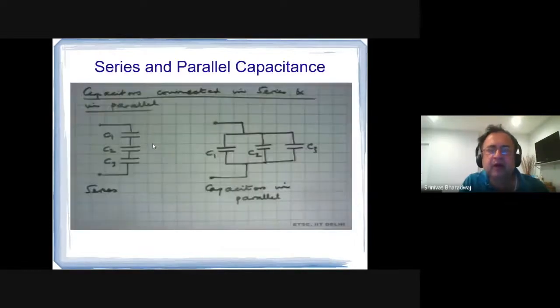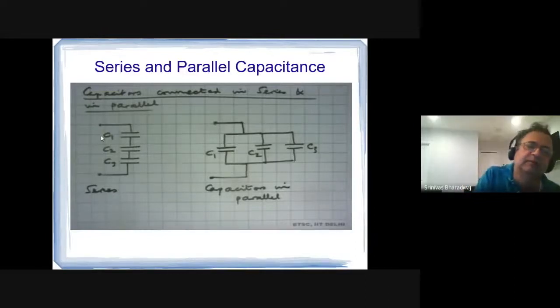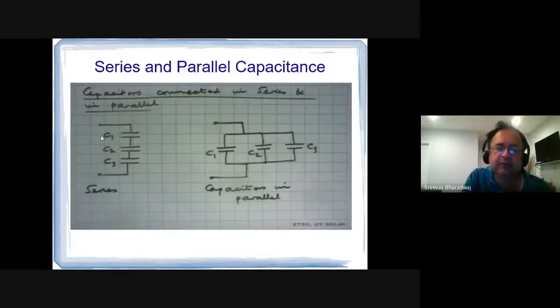Okay. Now, we then introduced the concept of capacitors connected in series and parallel, right? If you had three capacitors in series, we said that the sum of the voltages will be the voltage of the source applied at the side, right? And so the sum of the voltages across C1, C2, and C3, V1 plus V2 plus V3, will equal V, right?